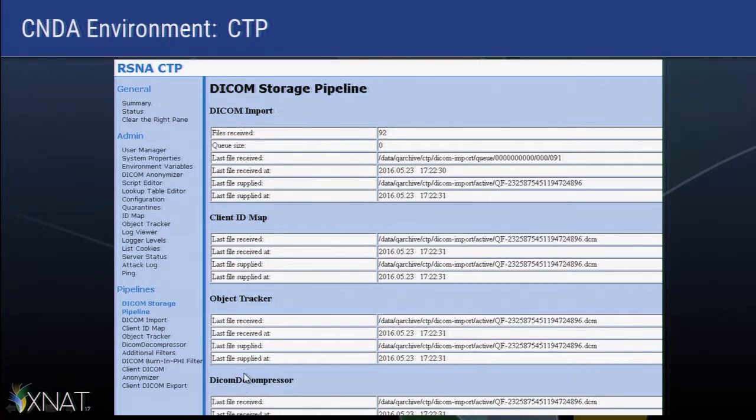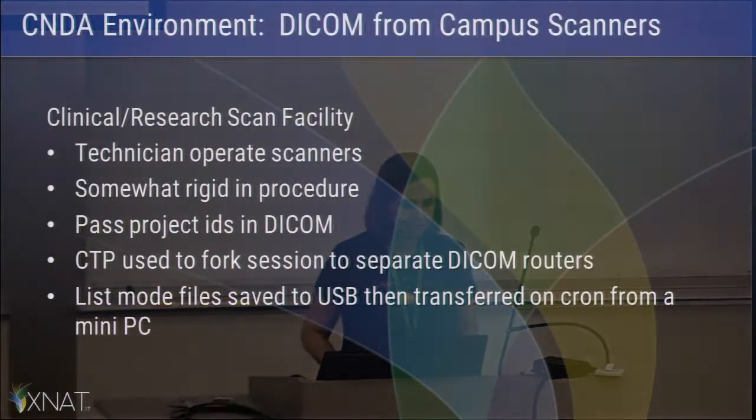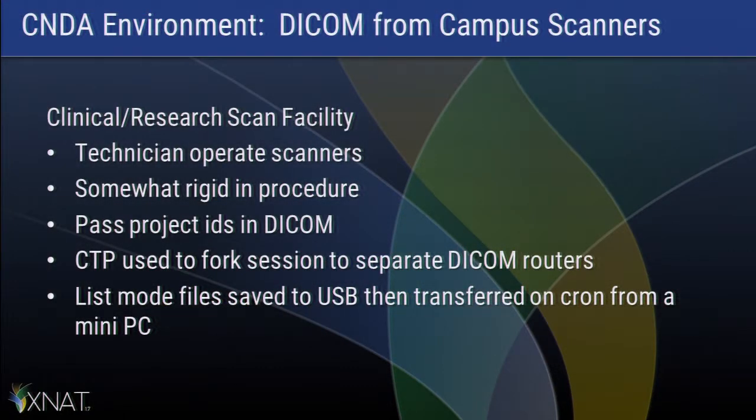You can see down here, peeking out at the bottom, DICOM decompression. The image can come in different formats, and if you have a particular jar installed, CTP does a very nice job of decompressing your DICOM. This tool can be configured in a lot of different ways to serve a lot of different purposes, as we'll see. So we have a couple different scan facilities on our campus.